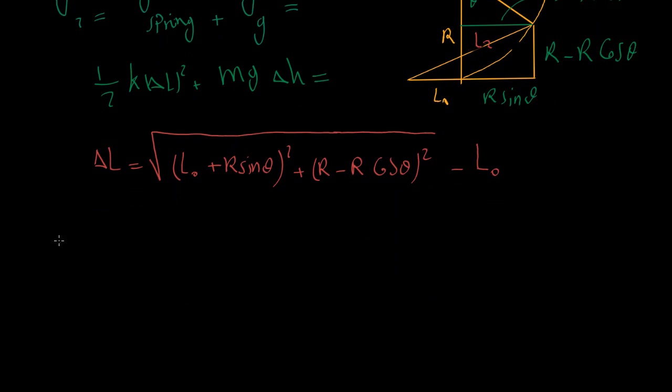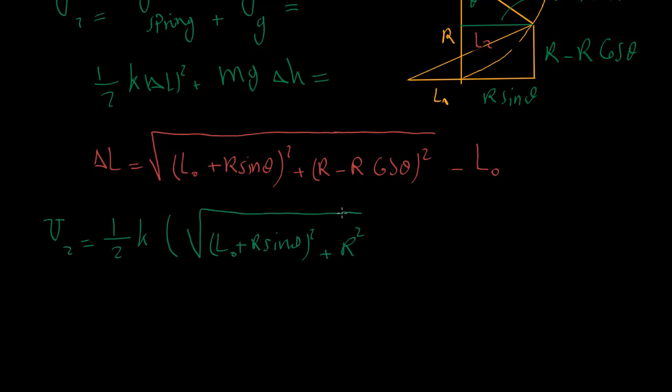So we have U2 equal to 1 over 2 times k times delta L squared, so this quantity, L0 plus R sine theta squared plus R squared 1 minus cosine theta squared, minus L naught squared, plus mg delta H, which is here R times 1 minus cosine theta.